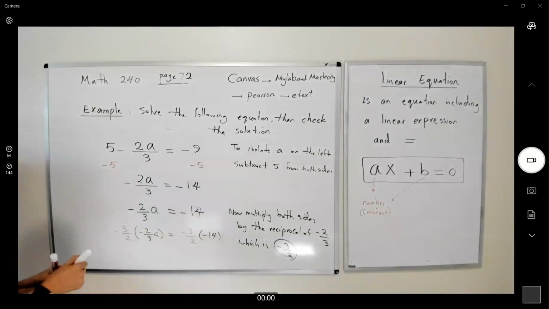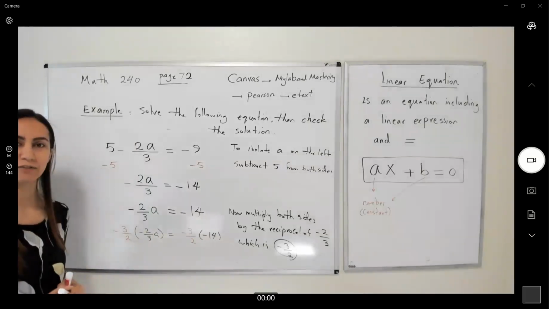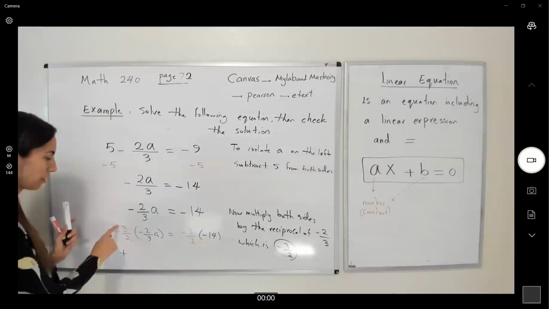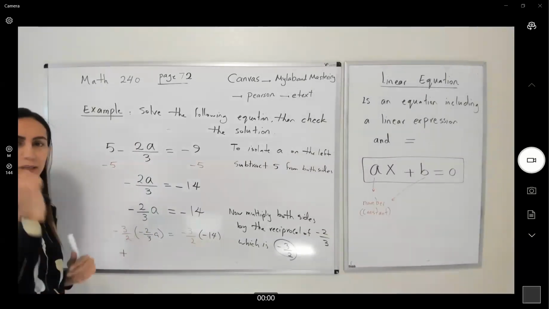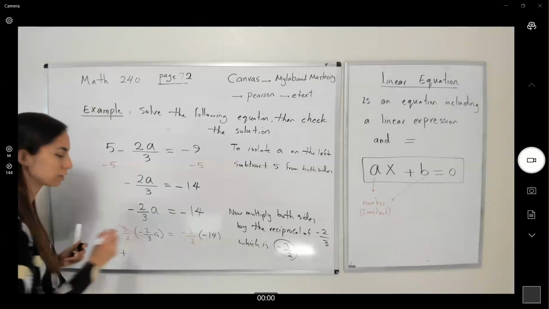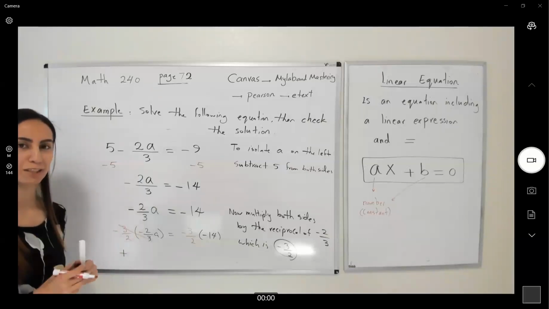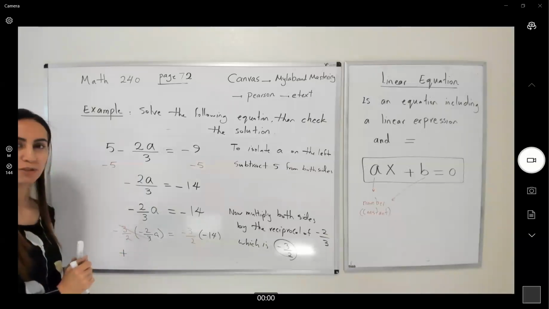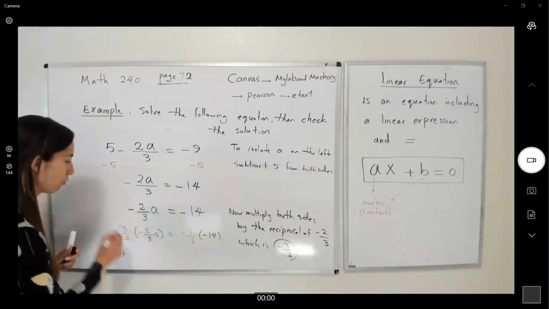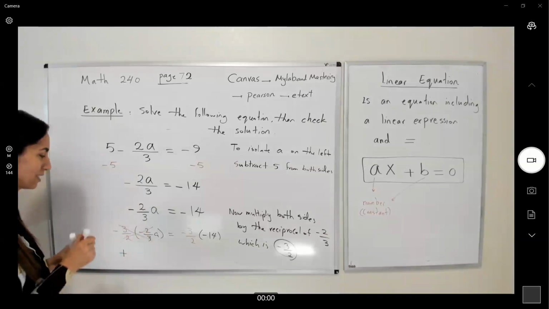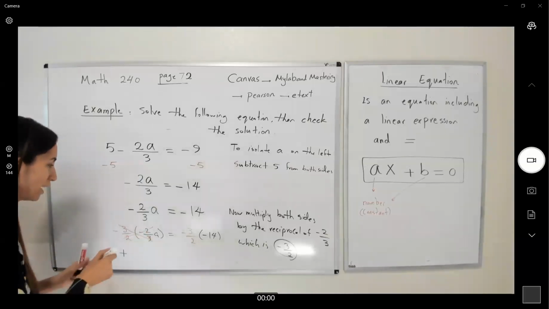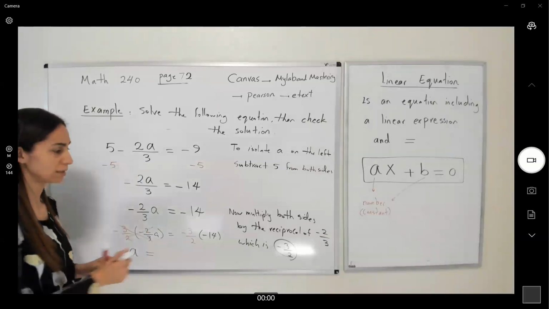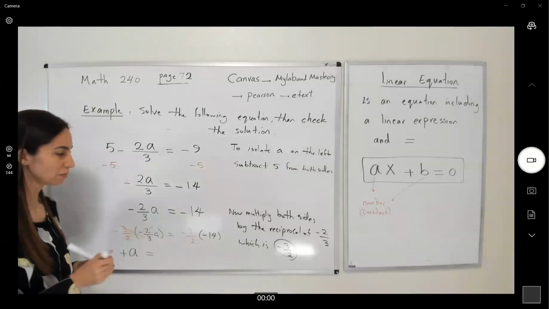So negative times negative is positive. 3 divided by 3 is 1. Remember that in multiplication, we ignore 1. 1 is not important. 2 divided by 2, again, is 1. So what's left? You get positive a equals to, let's simplify this as well.